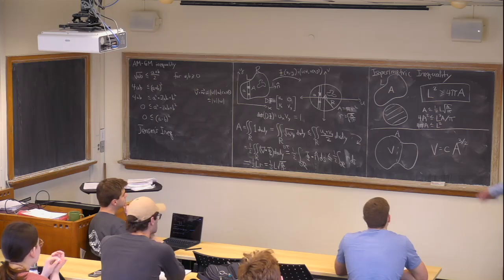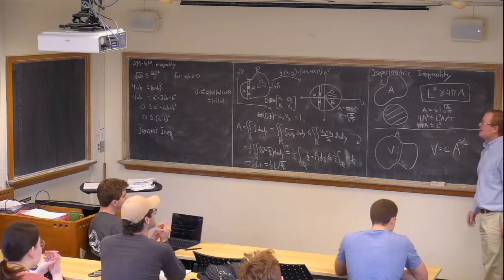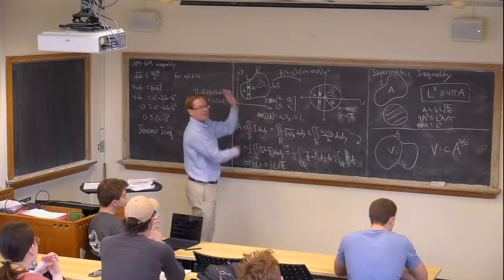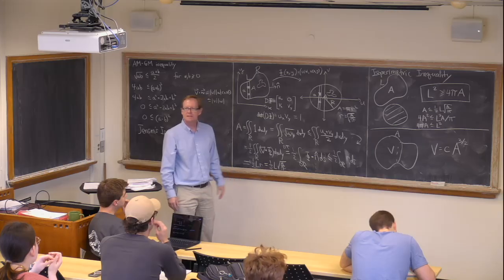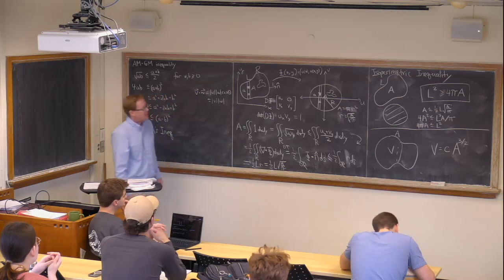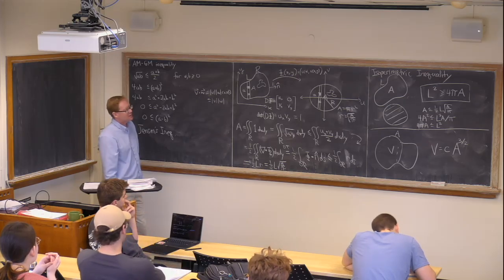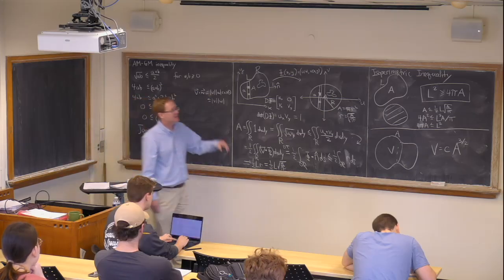You can prove, and by the way, this works in all dimensions. There are a few technical details we left out because what if the shape here isn't convex? What if it folds back on itself? There are some technical details, but it turns out it all works out. There's something called geometric measure theory, which is the more traditional way to prove these inequalities.